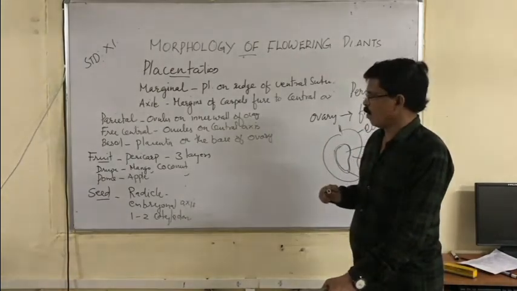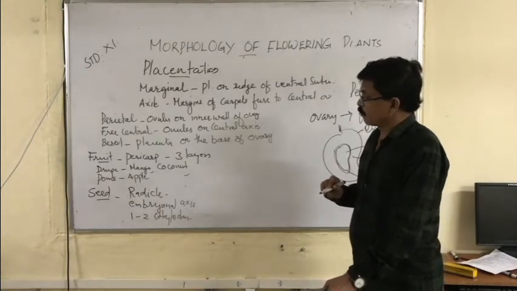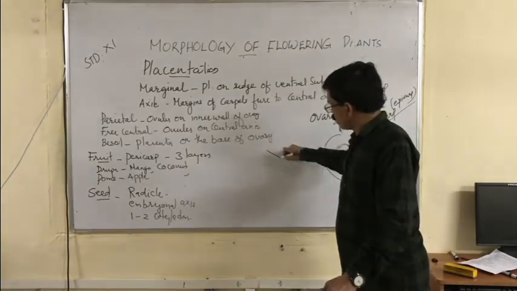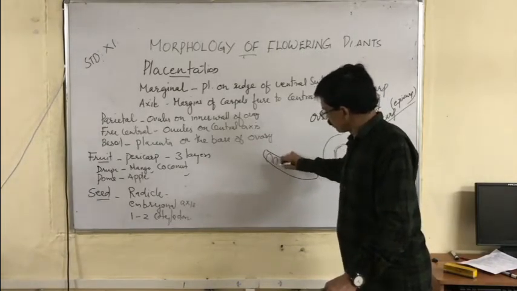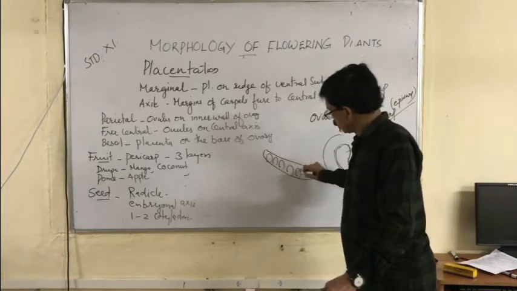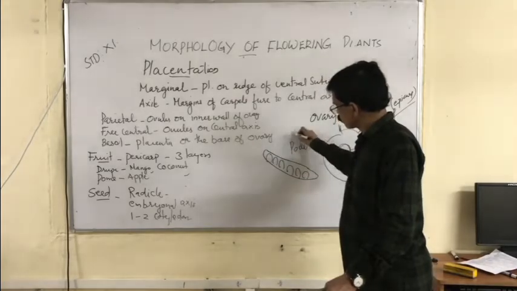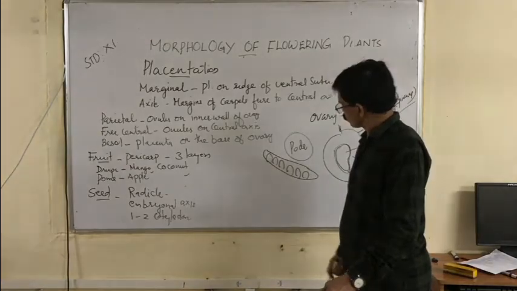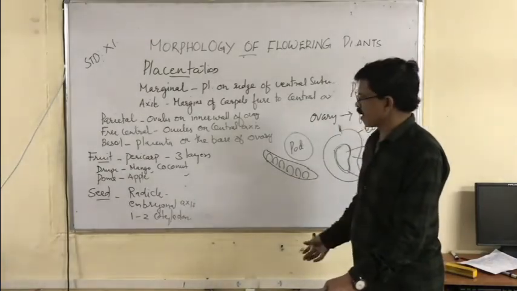So drupe and pome. But the fruit of what we call mattar, you can say the pea fruit, that is called pod. So there are different types.